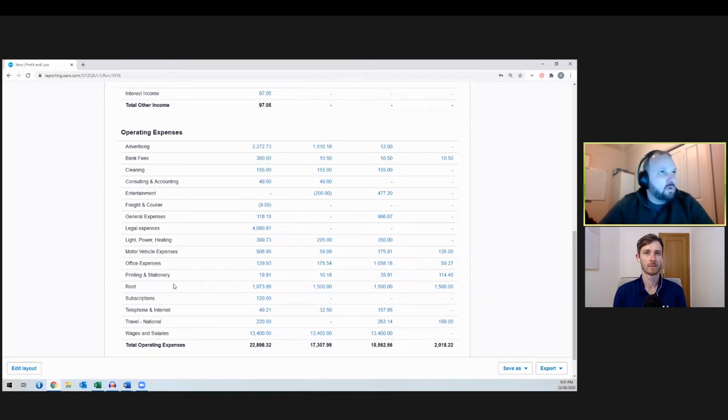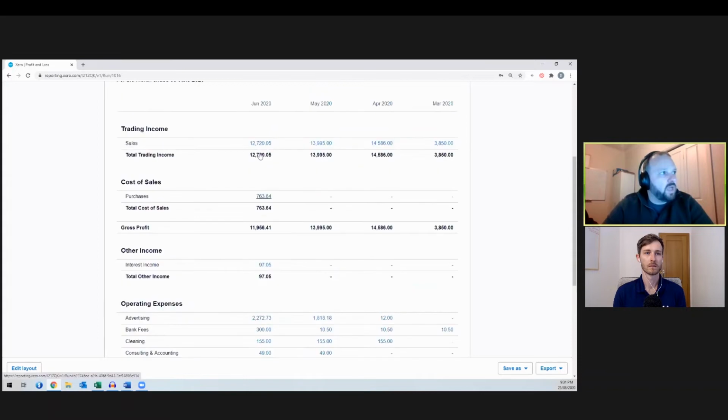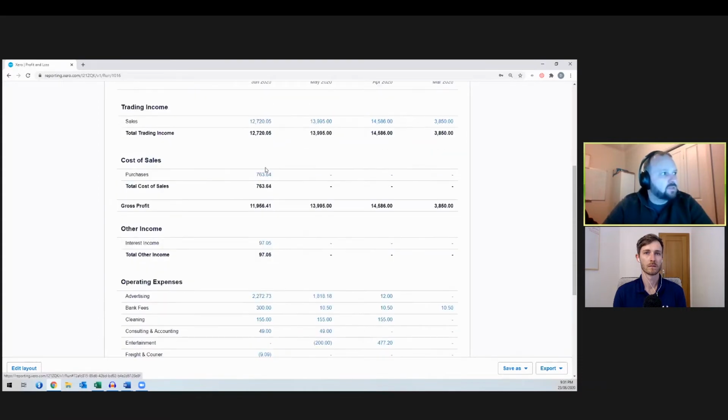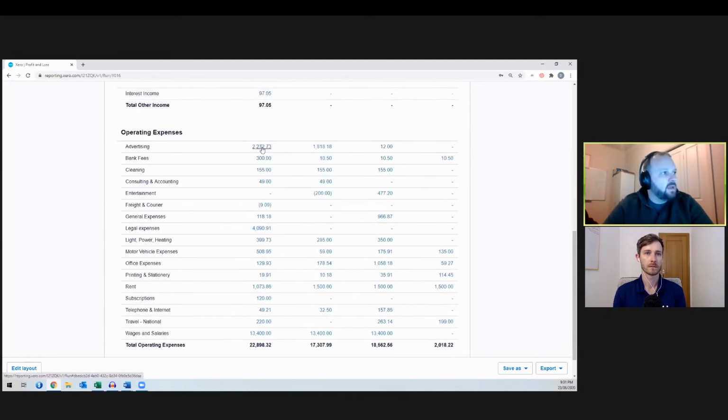As you get more advanced, you can then start to play around with how the profit and loss looks. This is the basics of where you'd start. You'd have your sales, the cost of those sales, a gross profit or what the gross margin should be, and then all your fixed costs, and a good way of breaking it down is into grouping areas. Let's say, what would be a good one?